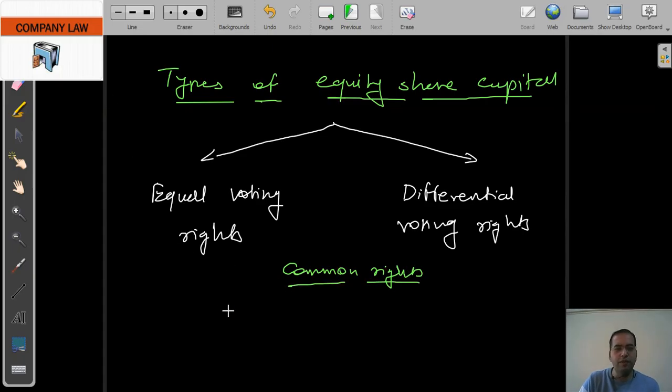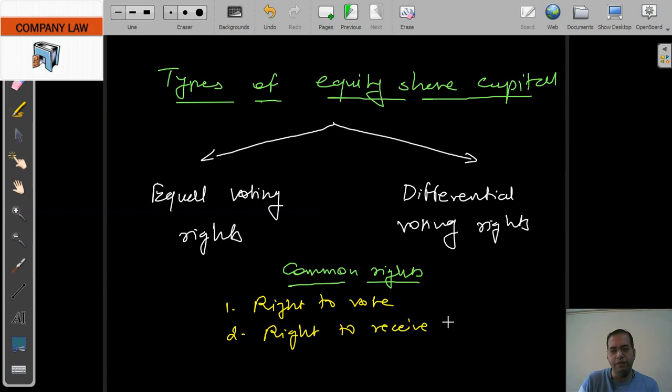So the first common right is the right to vote. Second is the right to receive dividend. But let me tell you, when we study the difference between equity and preference shares, you will understand that the right to receive dividend is not an absolute right. It depends upon the company to declare a dividend or not. Then there is the right to transfer shares.